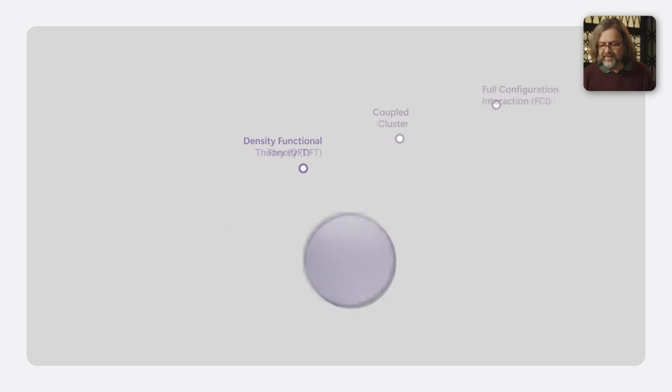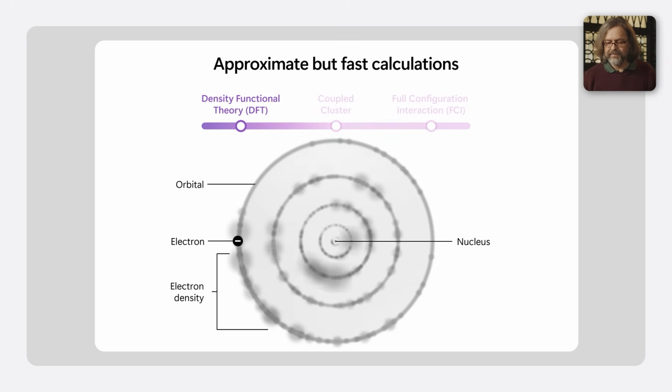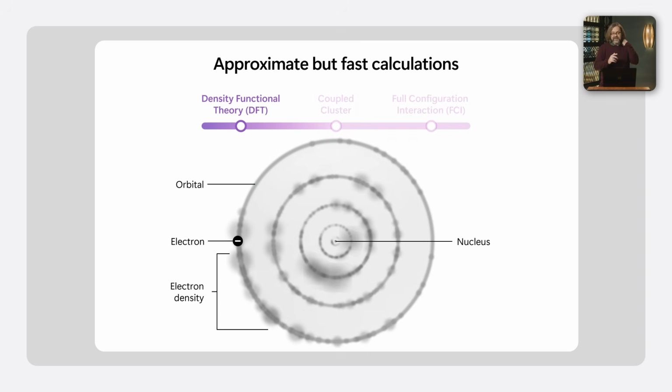If I do it with density functional theory, then I assume that electrons are essentially independent, and I simulate a single electron embedded in the average cloud of the others. That works as long as the electrons do not correlate. They essentially behave independently.